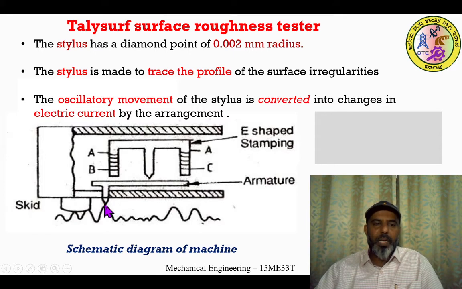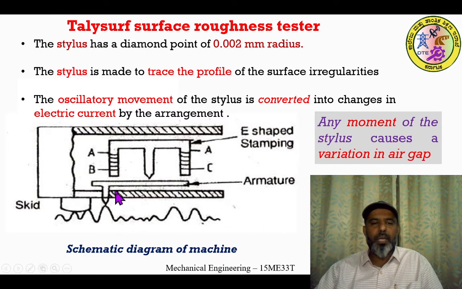You should also remember, any movement of the stylus causes a variation in the air gap. I am going to explain this variation in air gap in the next slide.